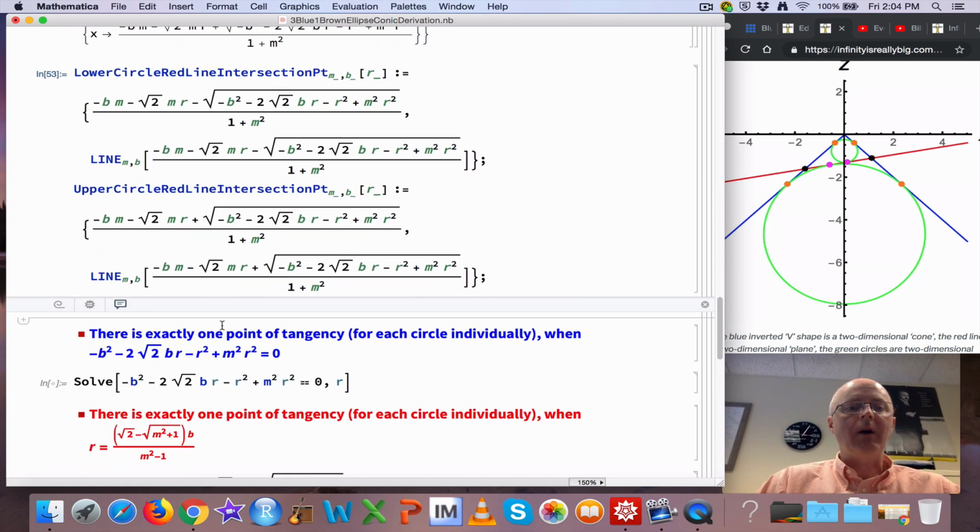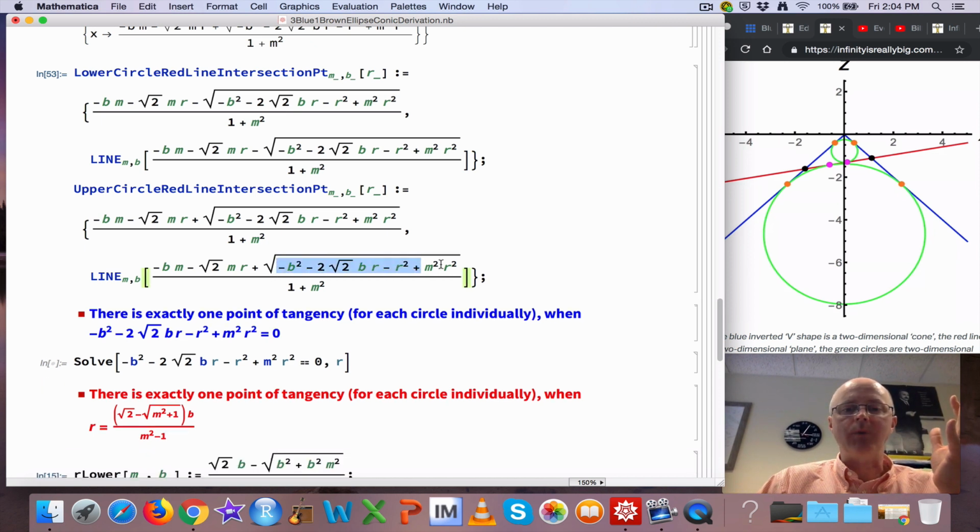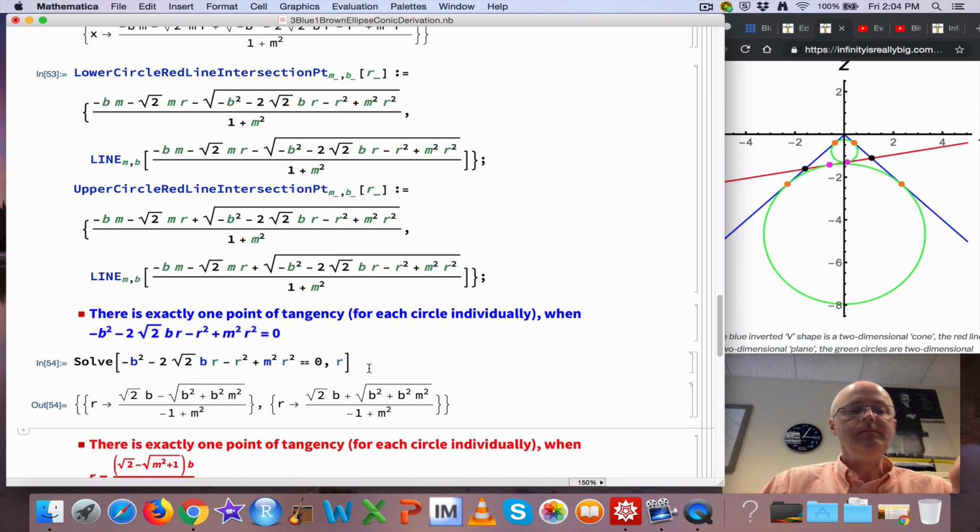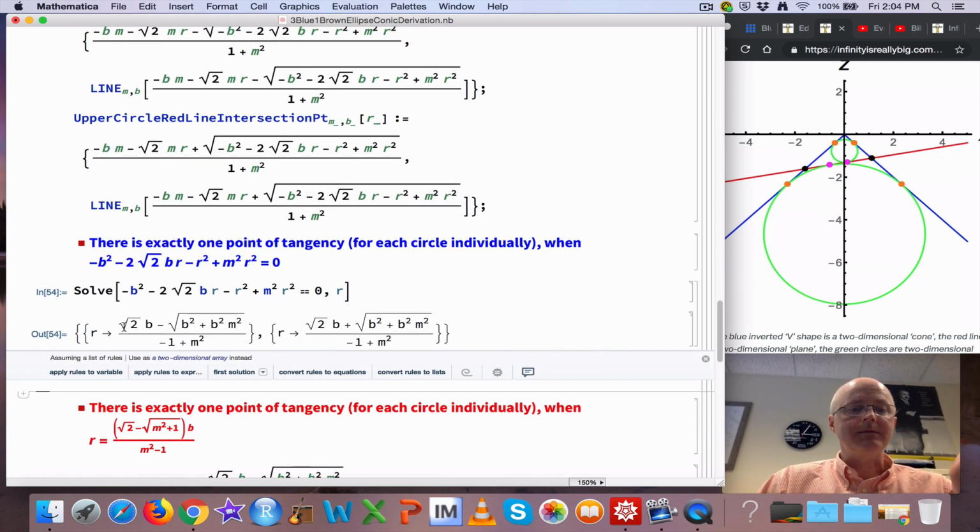Once again, though, I'm interested in when I have a point of tangency and not two intersection points. When is this thing equal to 0? So I'm solving that equation for r, which you could do with the quadratic formula by hand, and get these two answers. Okay. So what am I after again?